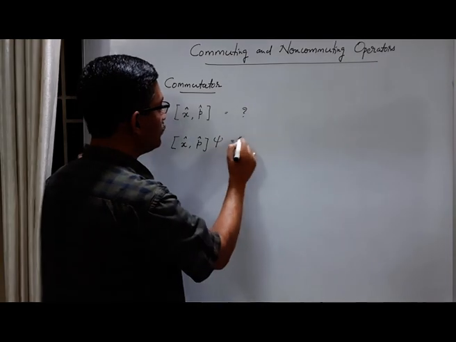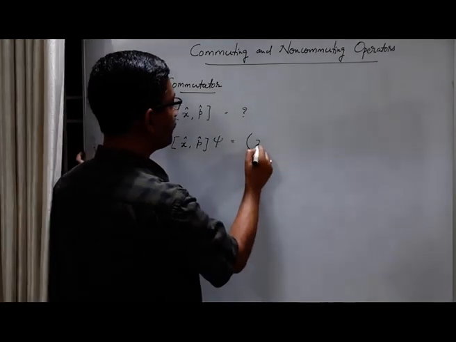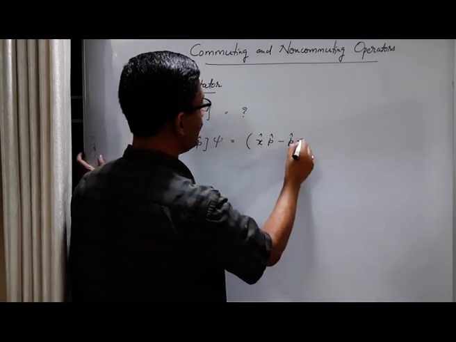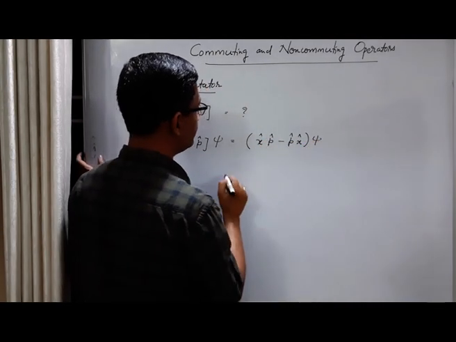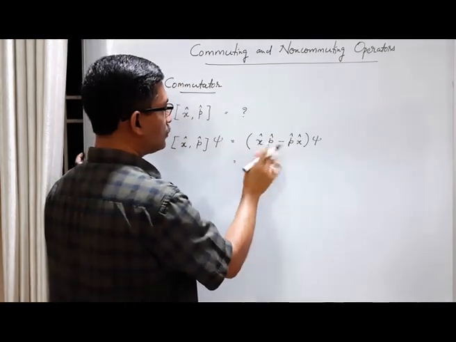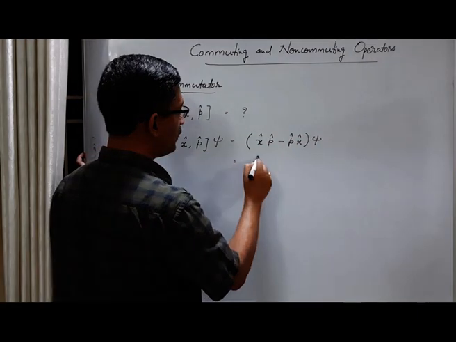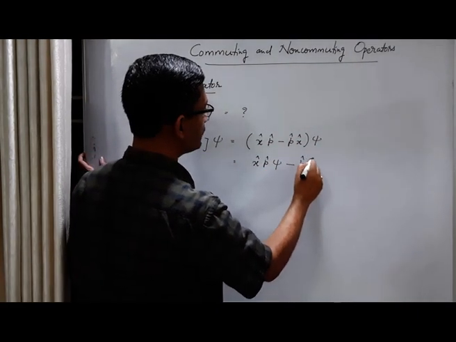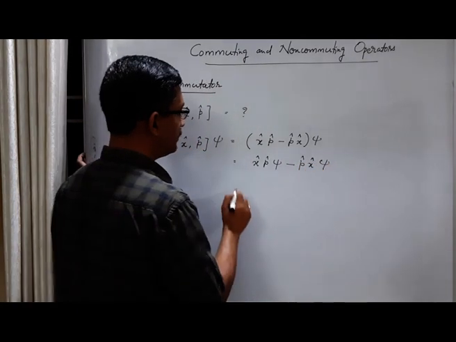So this is equal to, we can expand this commutator, XP minus PX acting on psi. If I open the bracket, XP psi minus PX psi.